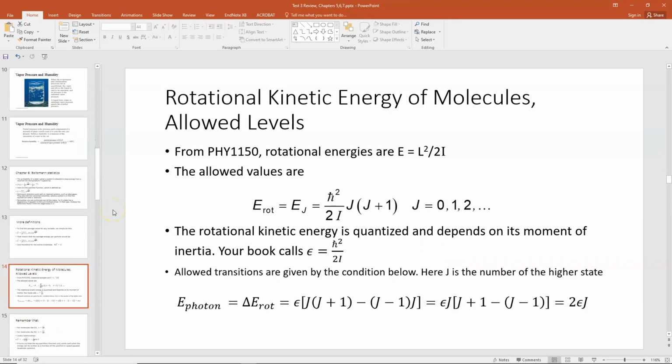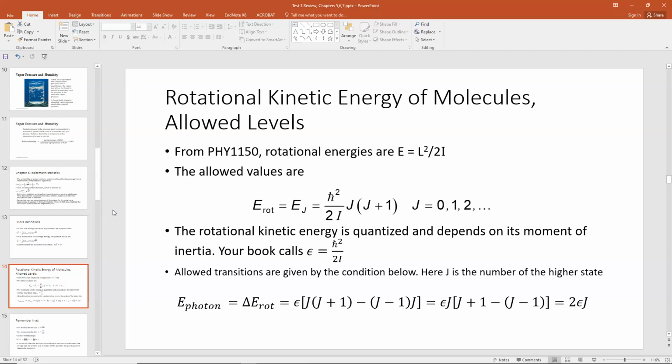Chapter 6 also covered the partition function for rotational states, okay? So remember from your introductory physics classes, rotational energies are given by the angular momentum magnitude squared divided by 2 times the moment of inertia.